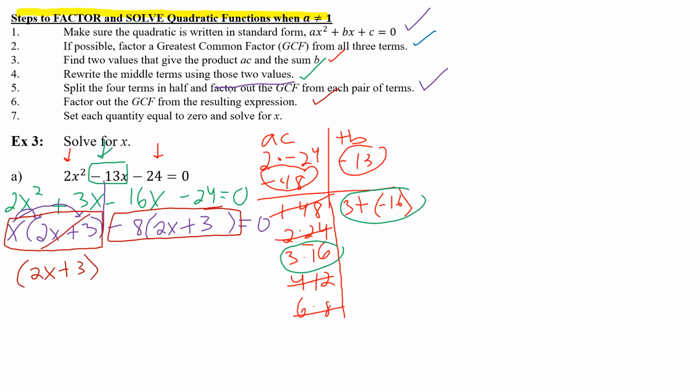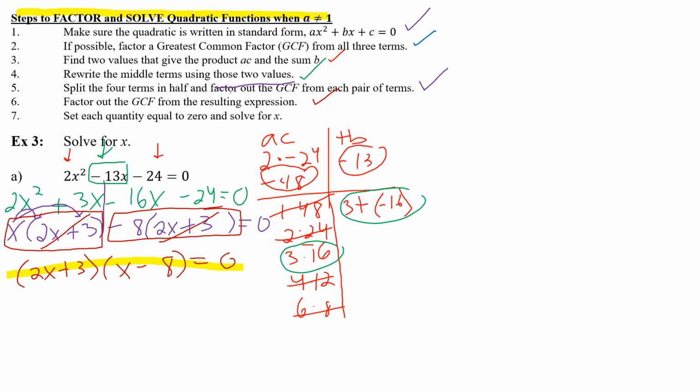If I take it away from the one on the left, I'm left with an x. That's going to go in parentheses. If I factor it out from the box on the right, I'm left with a minus 8, which forms its own parentheses, and it's still equal to 0. This is what we would consider factored form. Significantly different than the previous examples that we did.